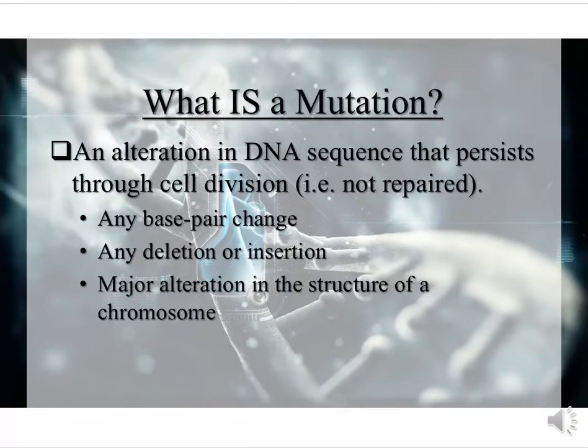Okay, there we go. All right, so what is a mutation exactly? Well, often mutations are referred to as an alteration in DNA sequence, or the changing of the structure of a gene, resulting in a variant form. And if it persists through cell division, in other words, if it's not repaired, that mutation then becomes quote unquote fixed in the genome, right?